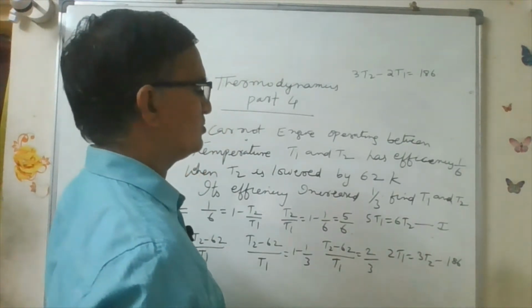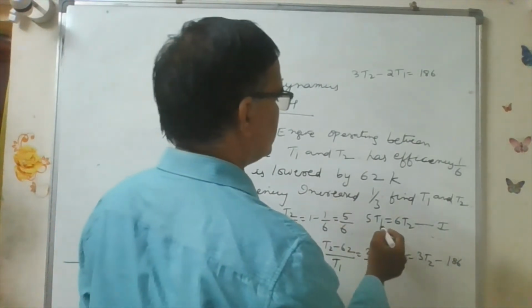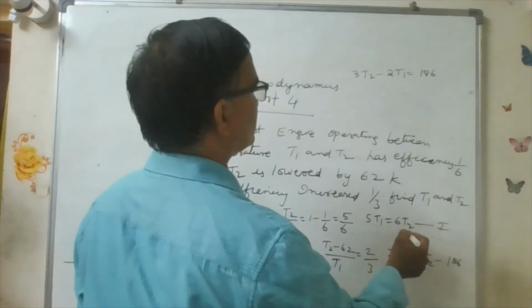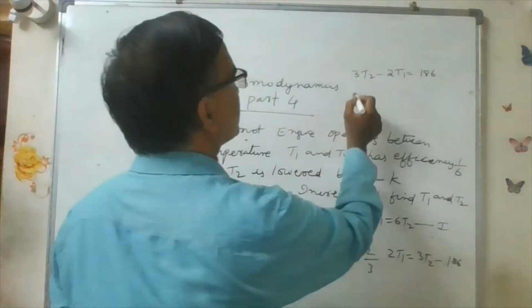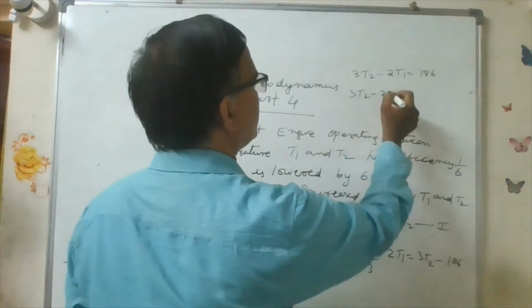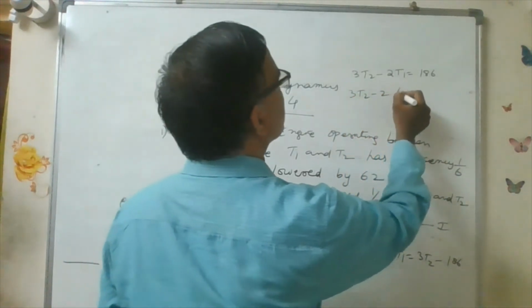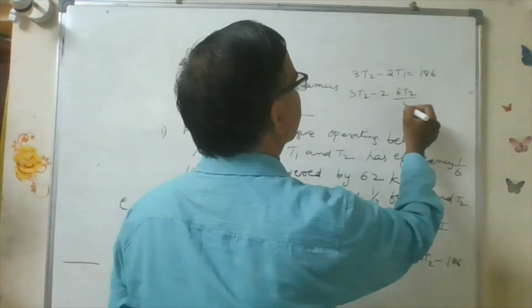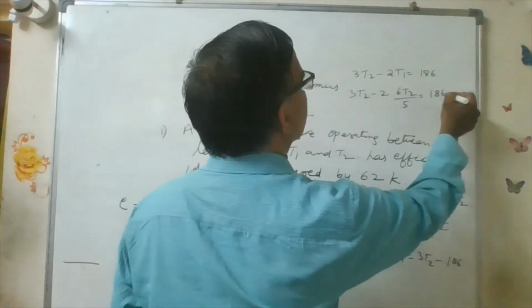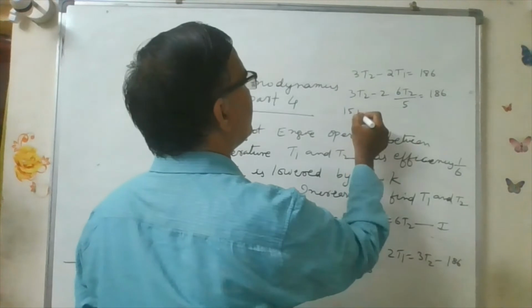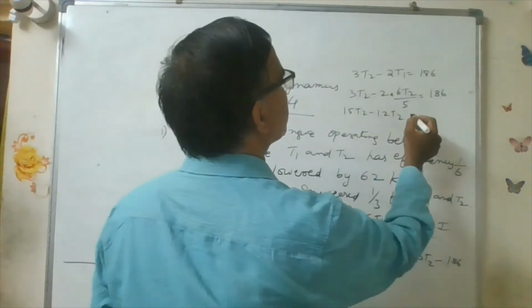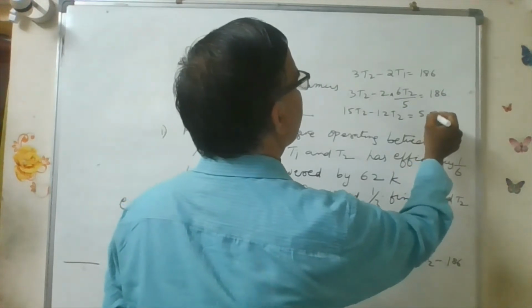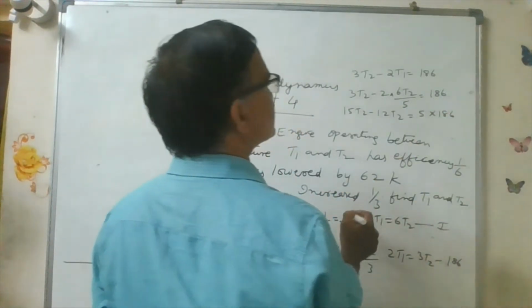Now you know 5T1 is equal to 6T2. So here, 2 into T1 is equal to 2 into 6T2 by 5, and 3T2 minus 12T2 by 5 gives 15T2 minus 12T2 is equal to 5 into 186.